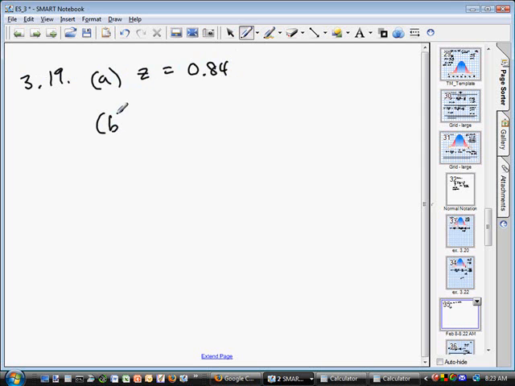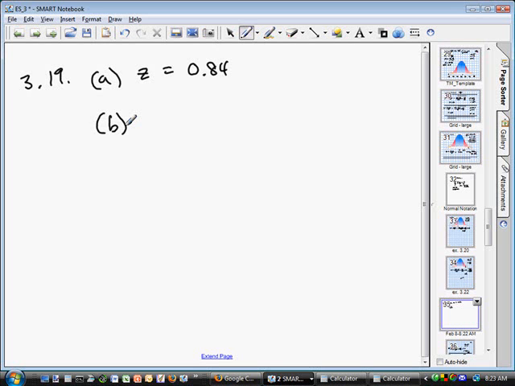But now, what's part B? Part B says find the number z such that 35% are greater. Okay, let's stop and think. The table won't give me greater. The table always gives me less. So if we want to know when 35% are greater, what percentage would be less? 65.